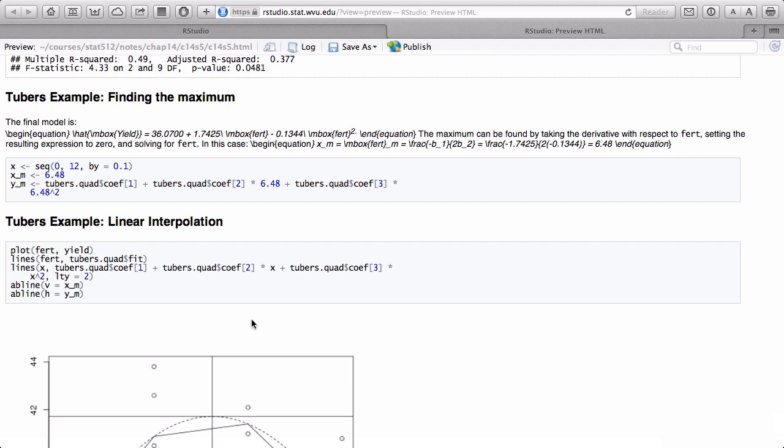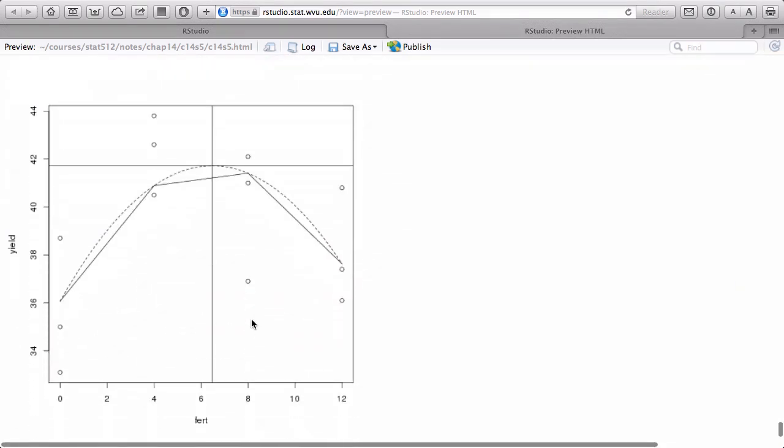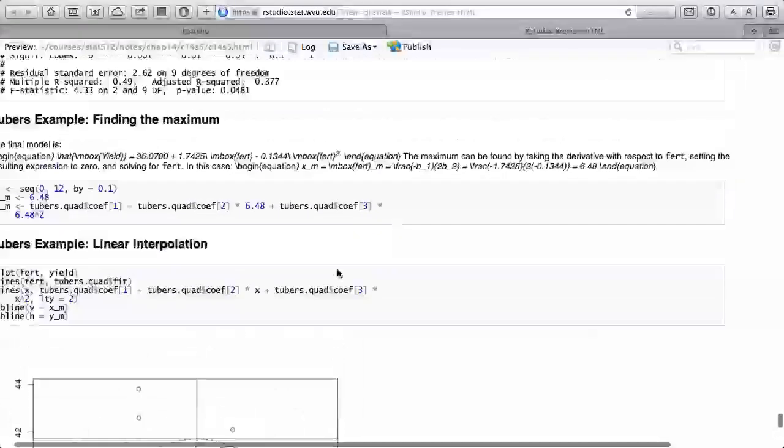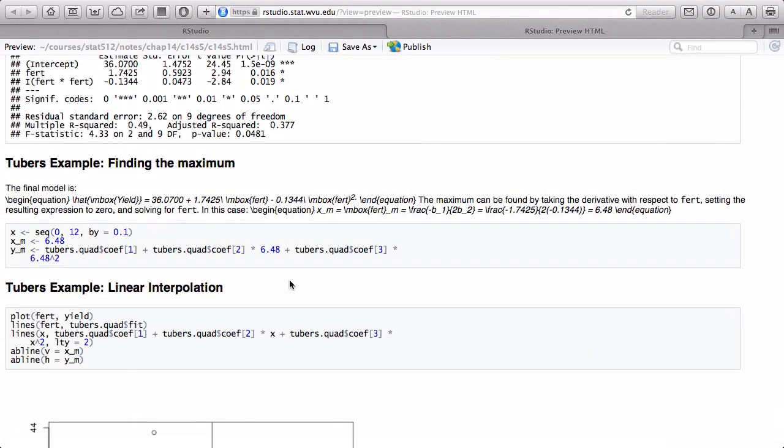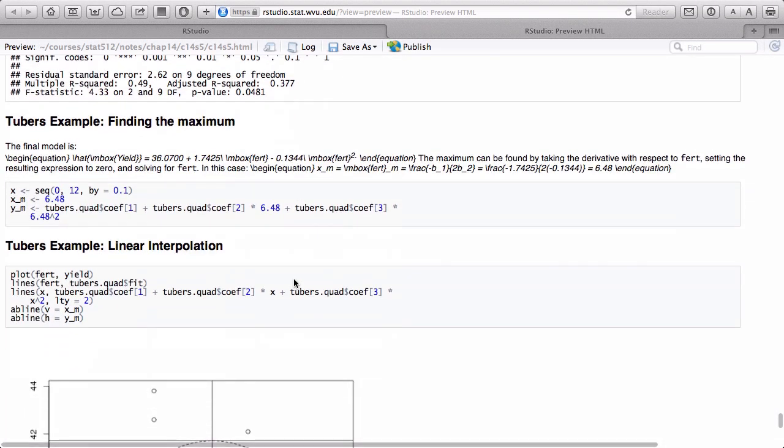Now, here's where I want to get. I only have 4 fitted points here, here, here, and here. I only have 4 x values, right? 4 levels of fertilizer. So what I'd like to do is to find the maximum.